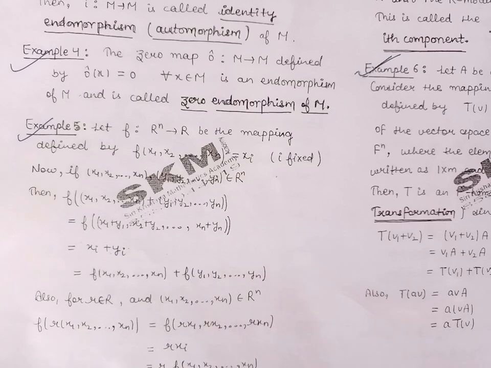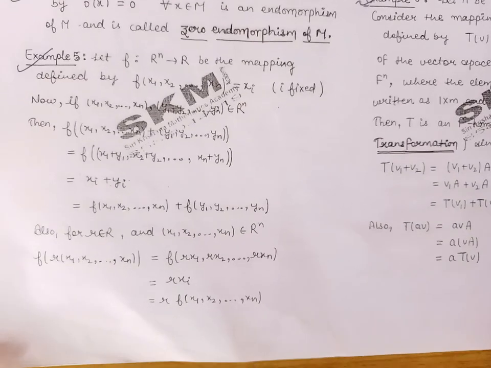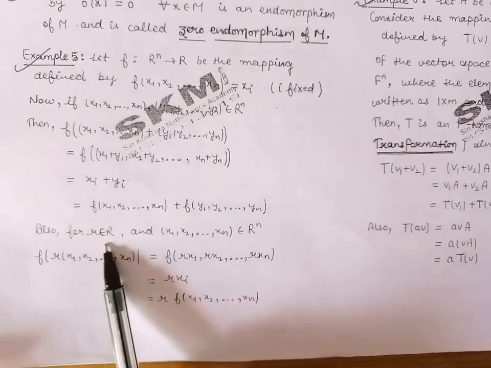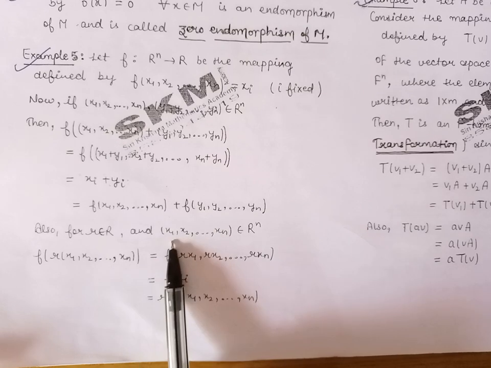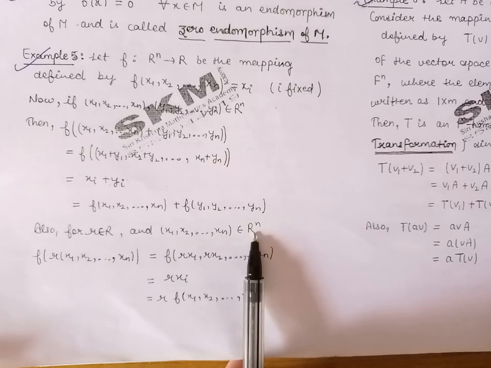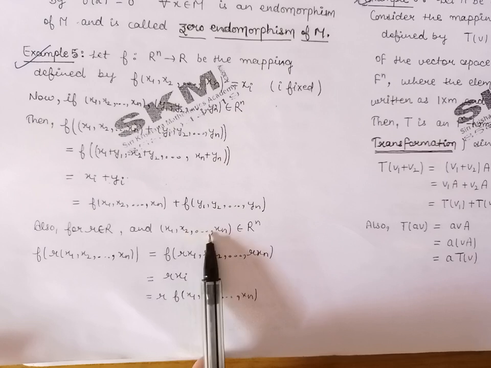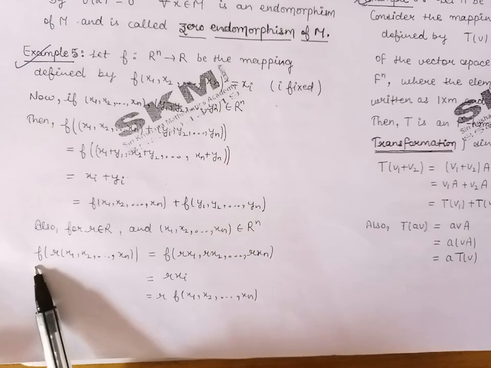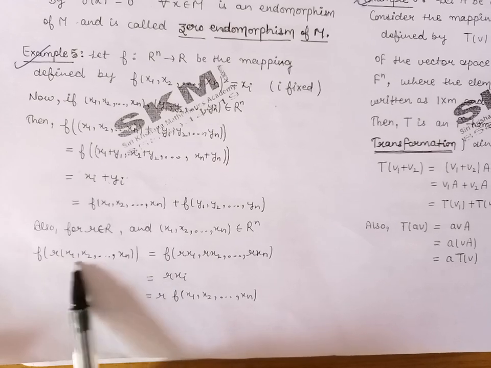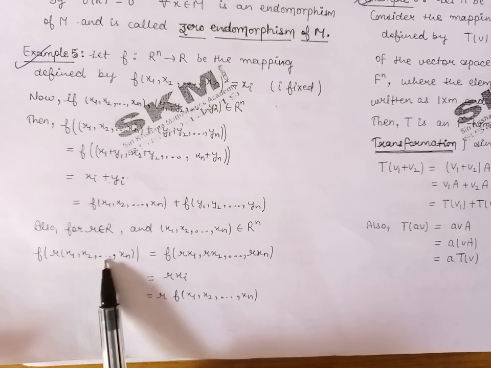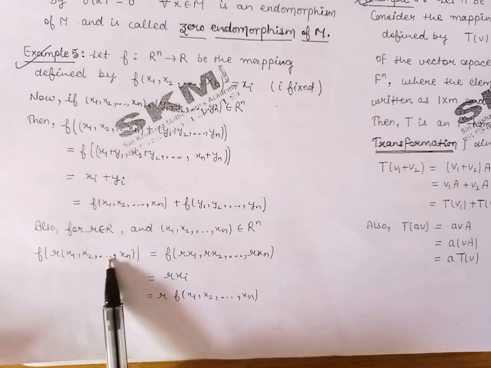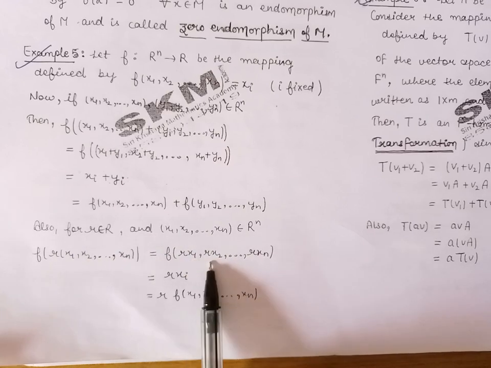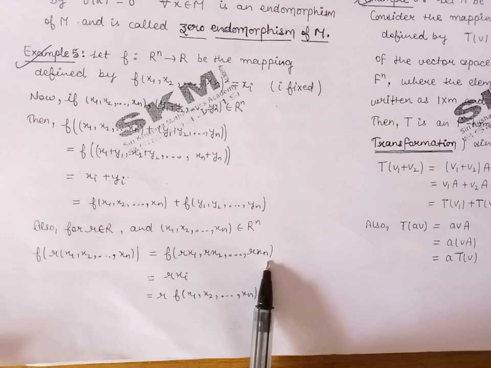In the second condition, let us take an element r belonging to the ring R and a vector x belonging to Rn having the components x1, x2, x3 up to xn. Now let us find the image of r times x. By definition, this can be written as the image of (rx1, rx2, and so on up to rxn).